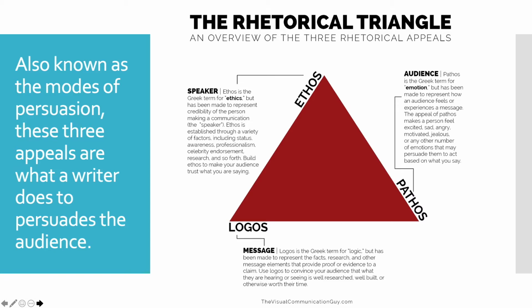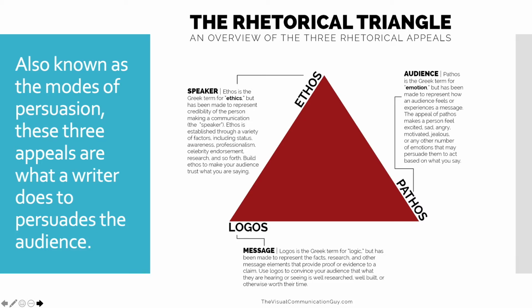Ethos is connected to the speaker, and it means the Greek term for ethics, but it represents the credibility of the person who's communicating. So in other words, the credibility of the speaker or the writer. And it does this through establishing a variety of factors: the status of the writer, what their experience is, what their awareness is.